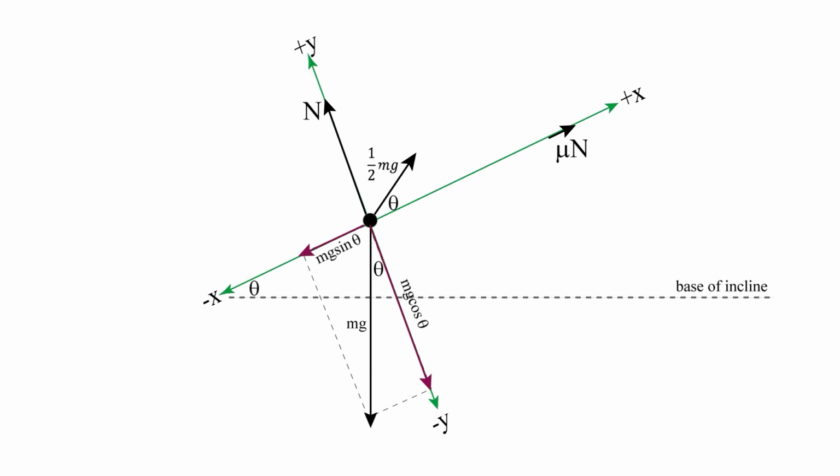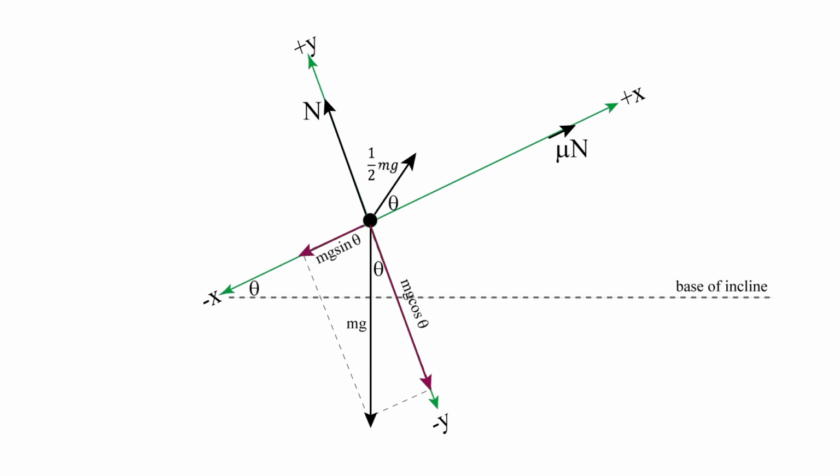Now I resolve mg into its two components, at right angles to each other. One component down the slope, mg sine theta, and a component perpendicular to the slope, mg cos theta. But notice both of those are in the negative direction according to our coordinate system, so we have to assign a minus sign to these two components.